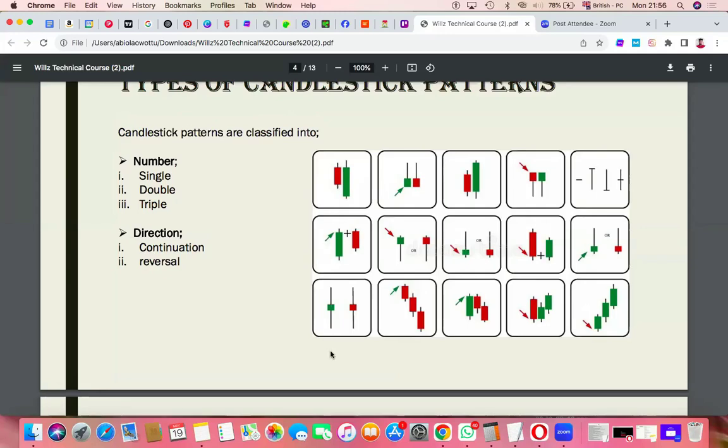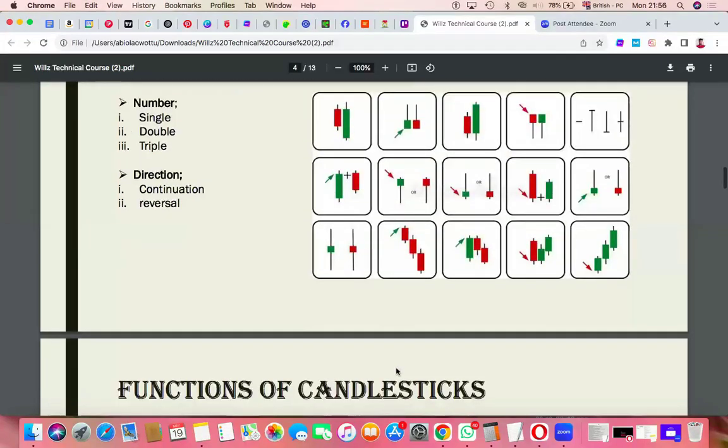It could be a continuation candlestick, or it could be a reversal candlestick. In the case of a market that was going in a bullish direction before, once you spot this, it could be a reversal in the movement.